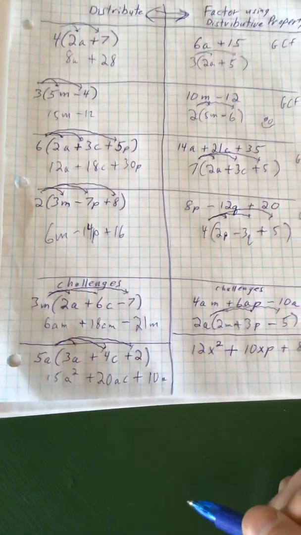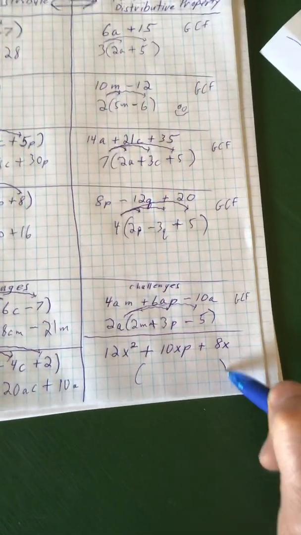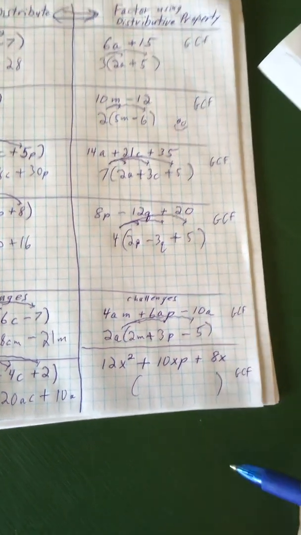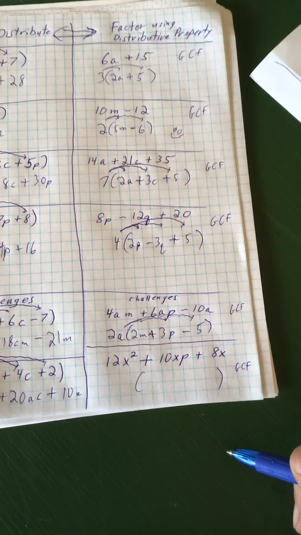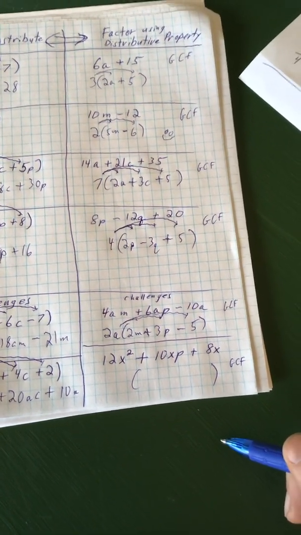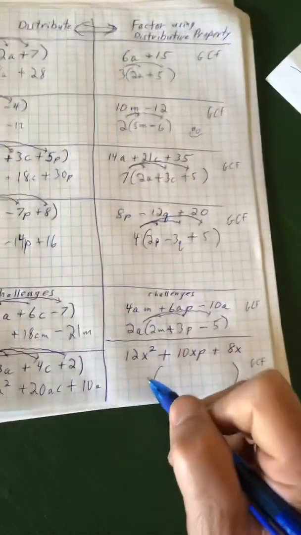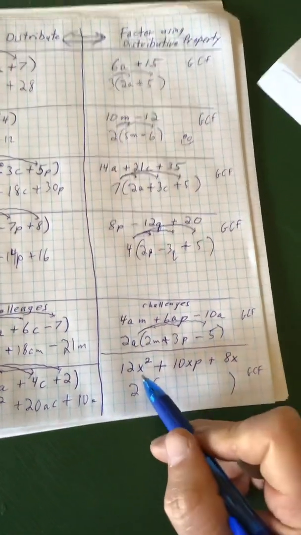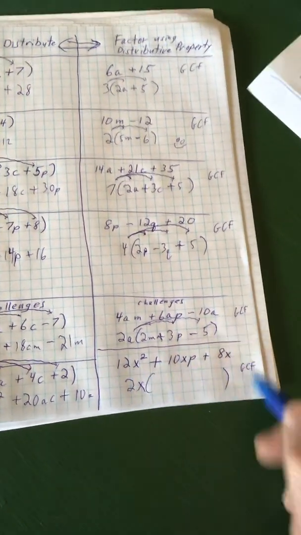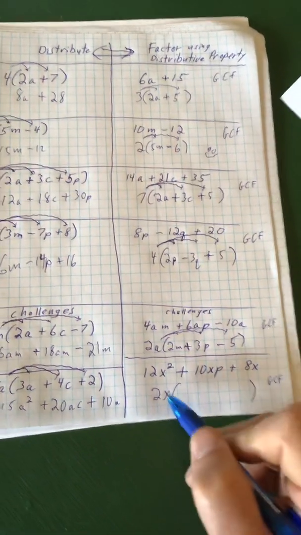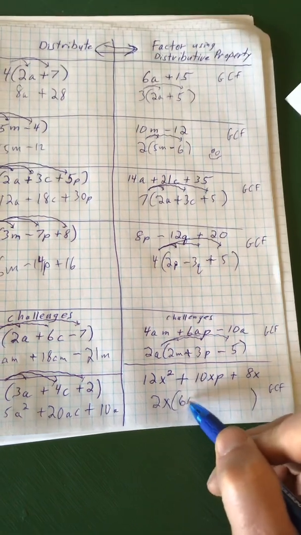Right? And so here's your last challenge, factoring. So what's your GCF this time? See if you can get it. For your coefficients, the biggest number you can divide each of those by is 2. But again, you have an x, x, x. You can divide each of these by 2x. So if I divide this by 2x, I get 6x, don't I?